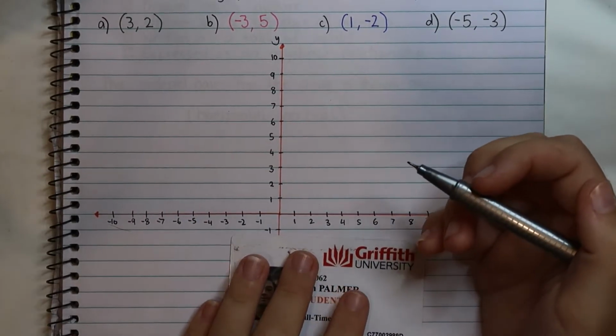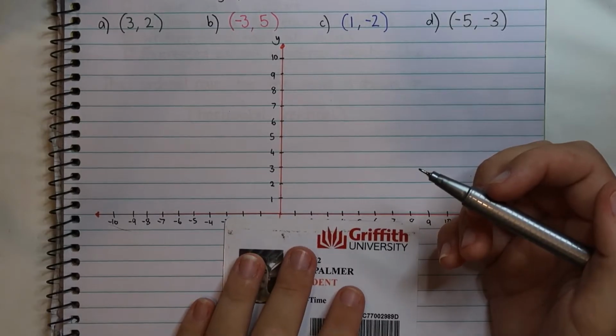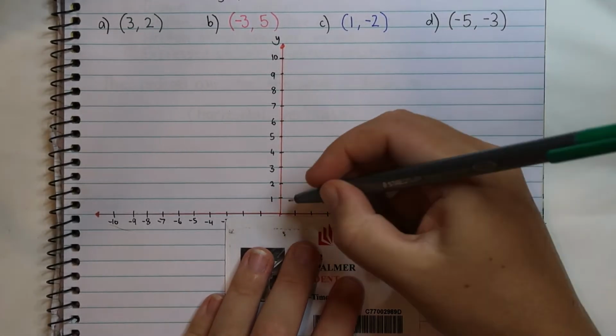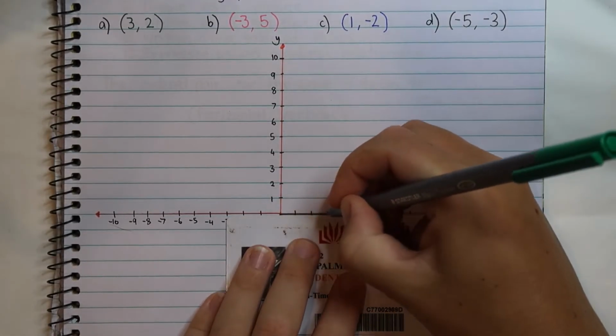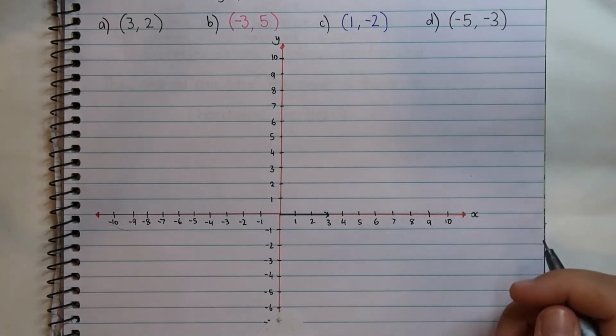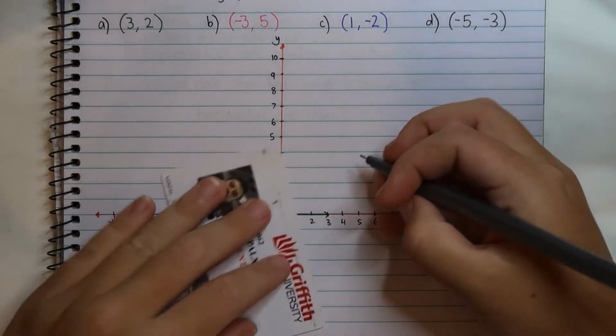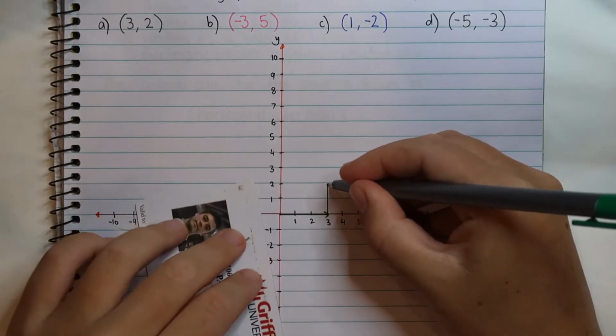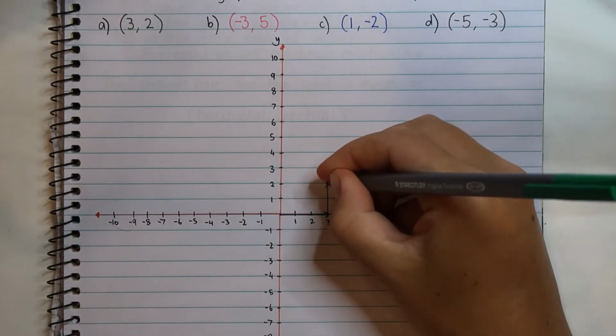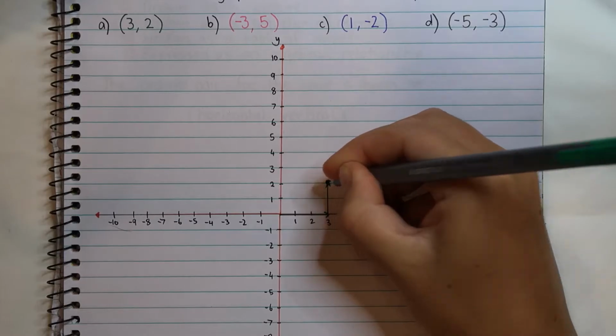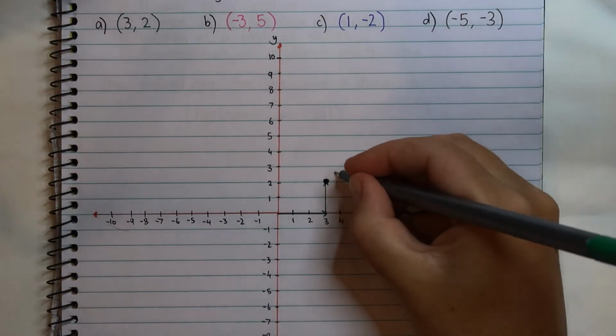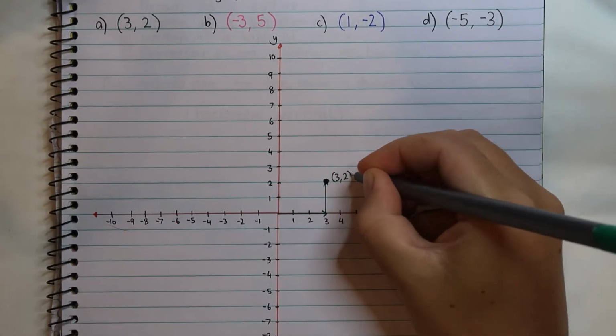So I'm going to draw them as lines so you can see where we're going. So we're going to go 3 across, and then we're going to go 2 up. So our first point, which I'm going to represent with a circle, is going to be in this position.